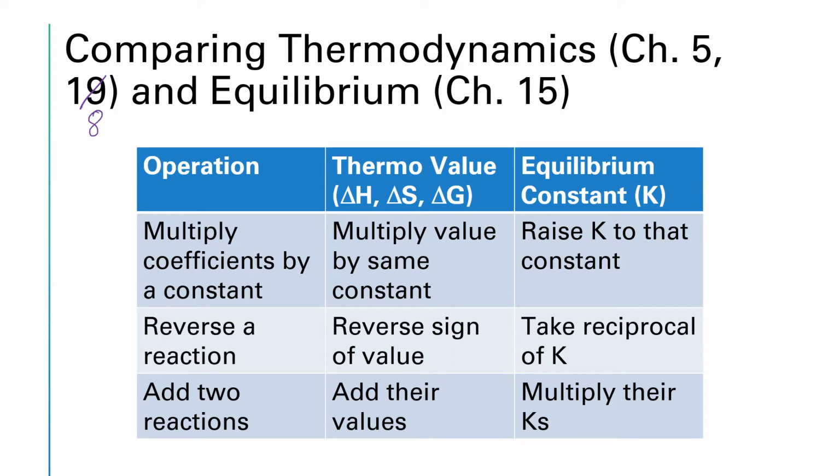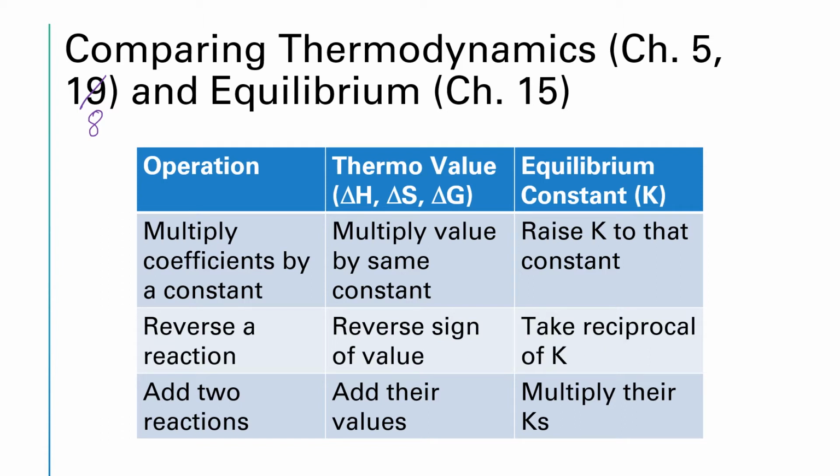And our original study of equilibrium, which was back in chapter 15, if we manipulate the equations of our reactions, we have to manipulate our value for the thermodynamic values, delta H, delta S, and delta G. So for instance, if we multiply all of our coefficients by a constant, we'll multiply the thermo value by that same constant.